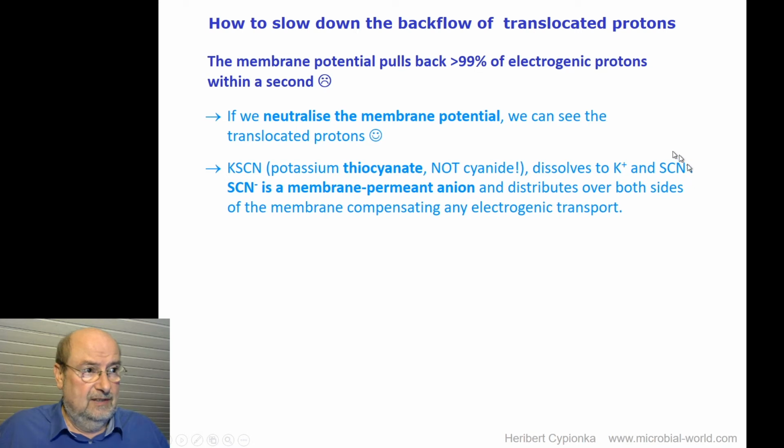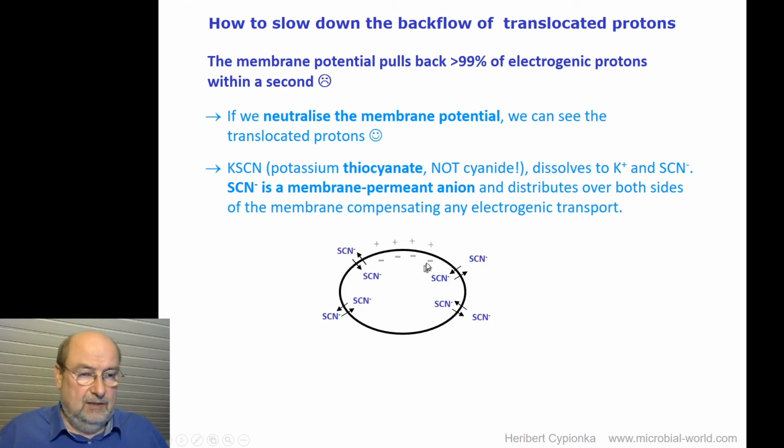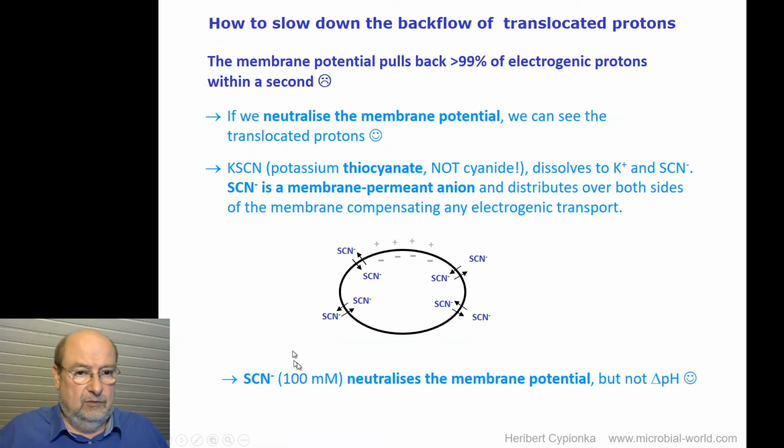And this SCN minus, the thiocyanate, is a membrane-permeant anion, and it can diffuse over the membrane and can transport charges, the negative charges, across the membrane. And we incubate it for 20 minutes, half an hour, with a high concentration, 100 millimolar, for example.